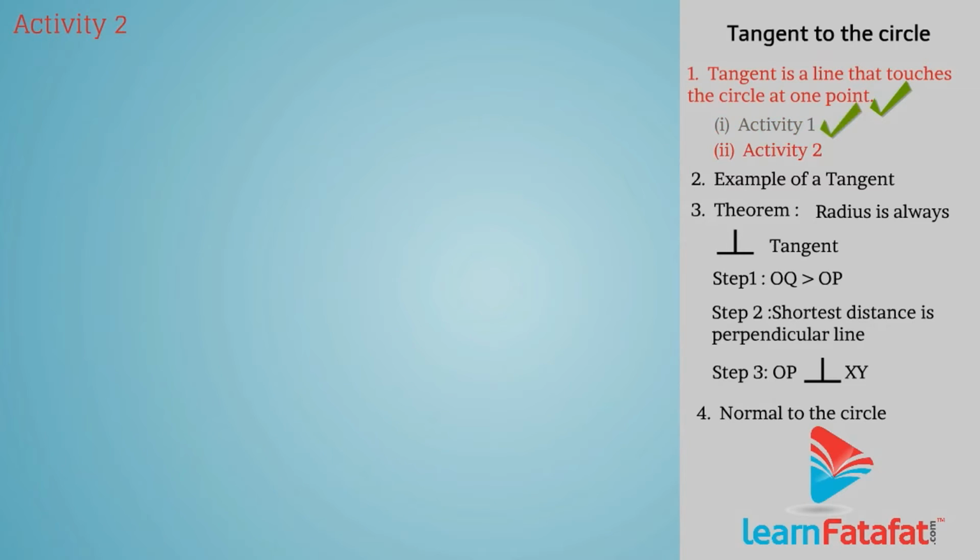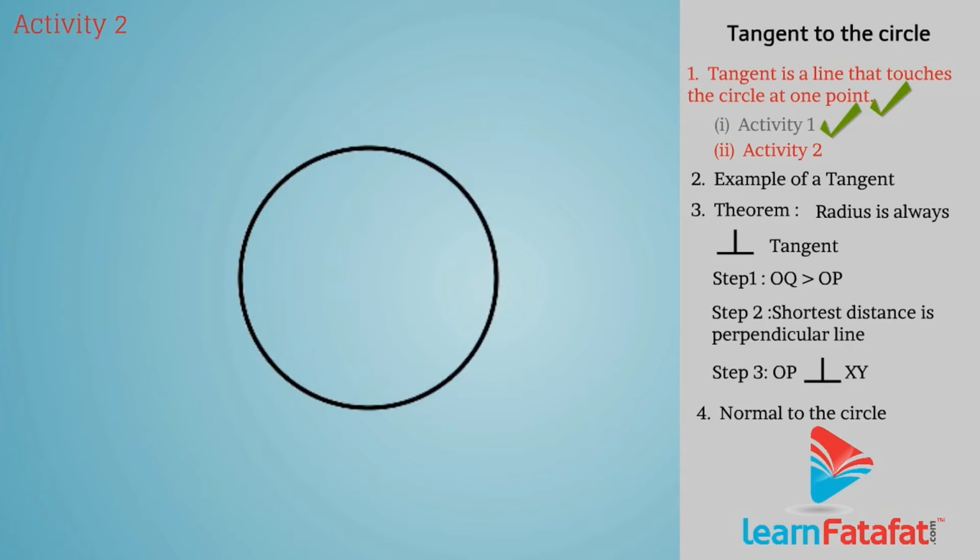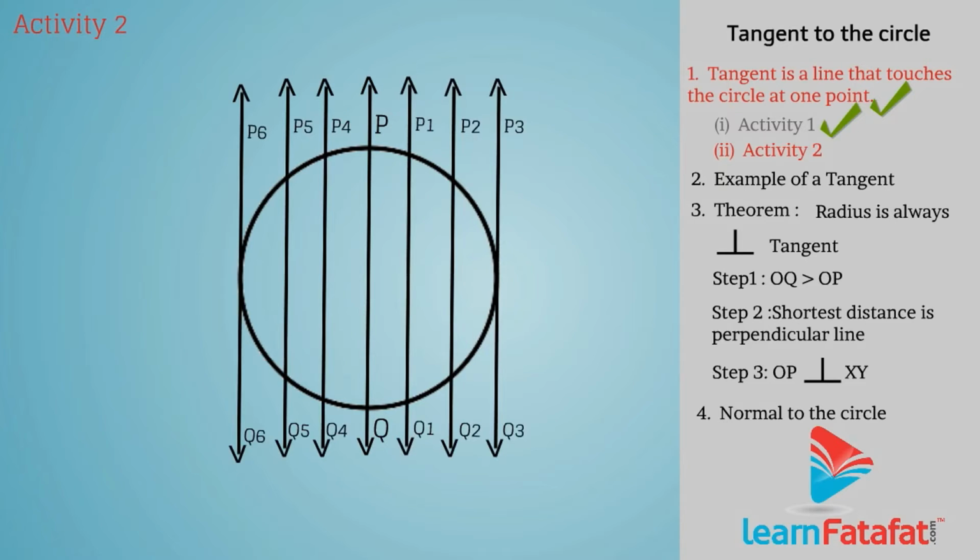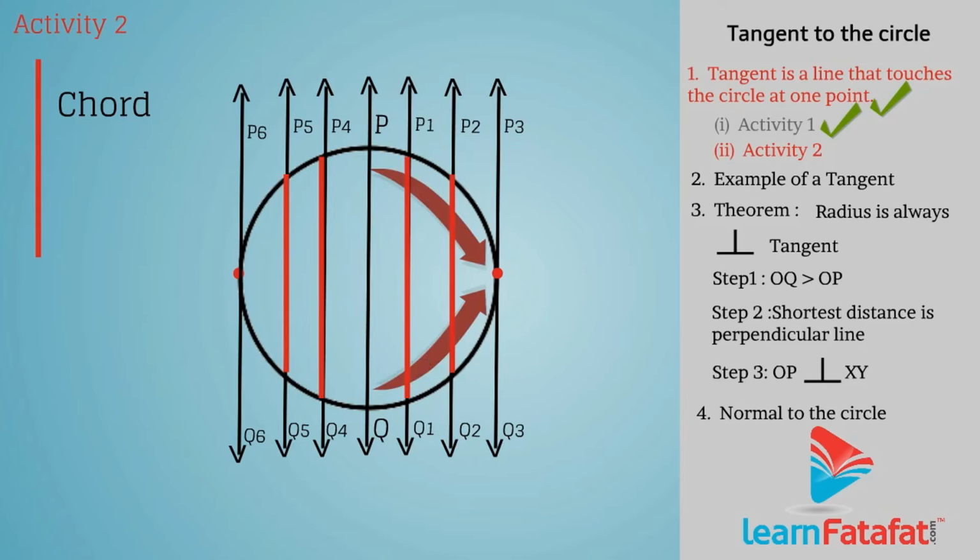Activity 2. Draw a circle on a paper and a secant PQ on a circle, as shown in figure. On both sides of the secant, draw parallel secants. It is observed that the length of chord goes on decreasing and the two intersecting points come closer and closer.